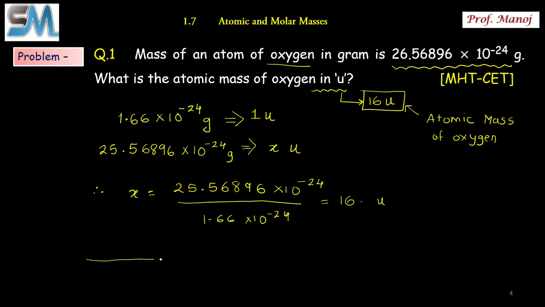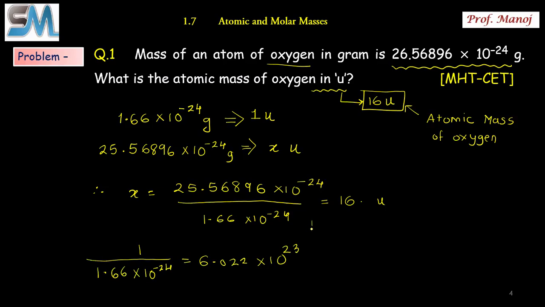Whenever you are having 1.66 into 10 raised to minus 24 as denominator, this number comes out to be 6.022 into 10 raised to 23.